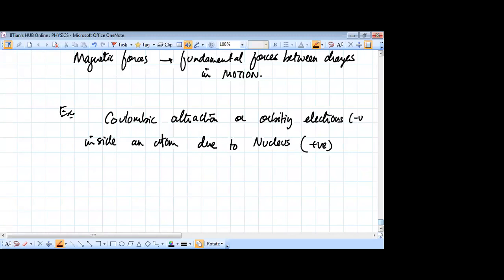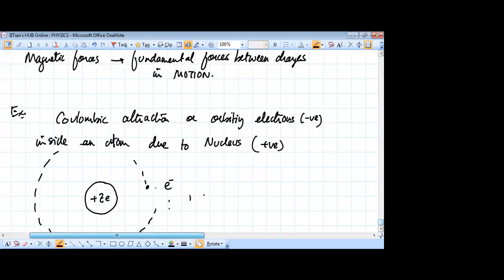The electrons are negatively charged, which you studied in structure of atom. So the nucleus has plus Ze kind of charge, and if you have an electron with negative e charge in an orbit of radius r, you've seen that the electron experiences an attractive force. And that attractive force is proportional to Ze square upon r square.